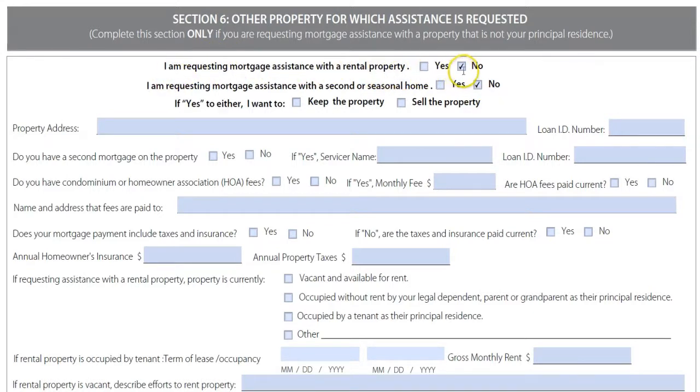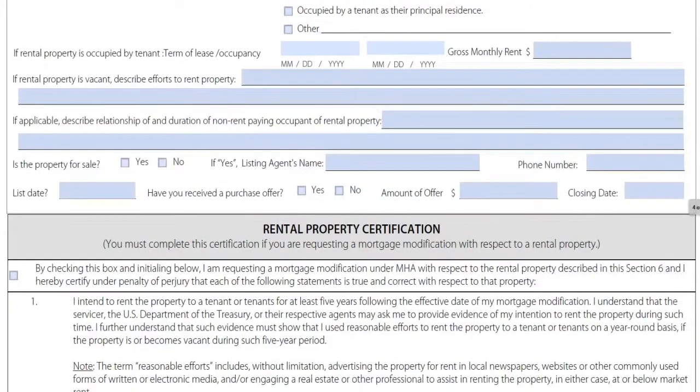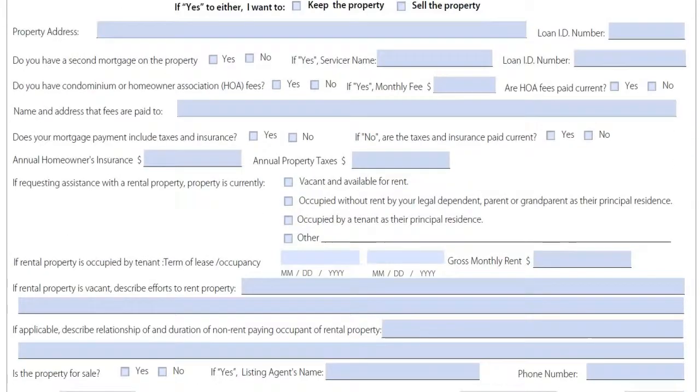Okay, now moving on to page number 4. On the top of page 4, I'm requesting assistance with a rental property. So it's a yes or no question. I'm requesting mortgage assistance with a second or seasonal home. So if it's either one of those, then you would check mark yes, and whether or not you want to keep the property or sell the property, and then it's going to ask for that information. Now, if both of these are no, you can check mark no, and then just go ahead and skip on to page number 5.